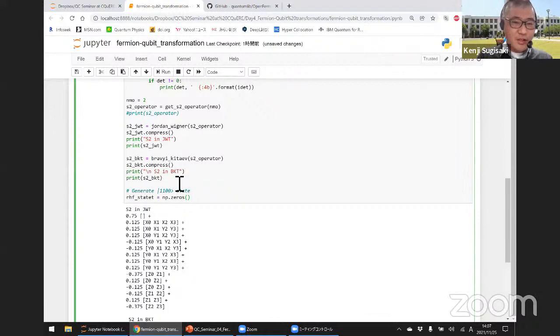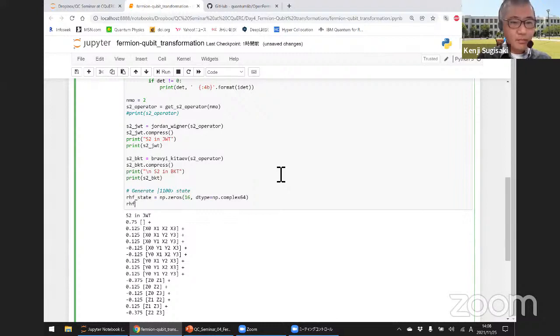So first, we have to define the Hartree-Fock space using a bit string. This 12 corresponds to the decimal representation of 1100.